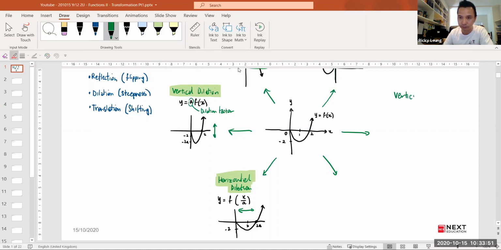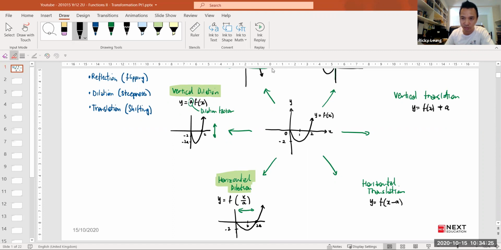So we have vertical translation and horizontal translation as well. We know that for vertical translation, we take whatever function we have and add a component outside of it. Similarly, for horizontal translation, I have the additional subtraction inside the function.